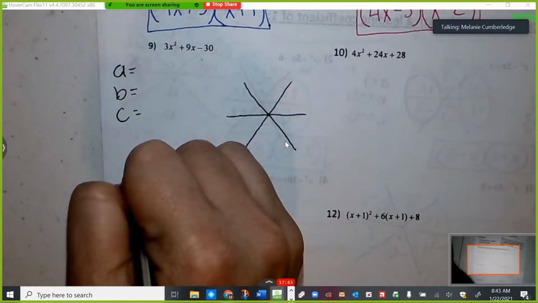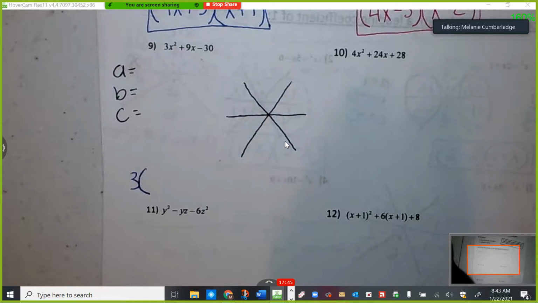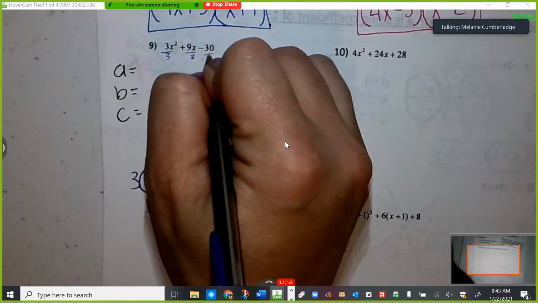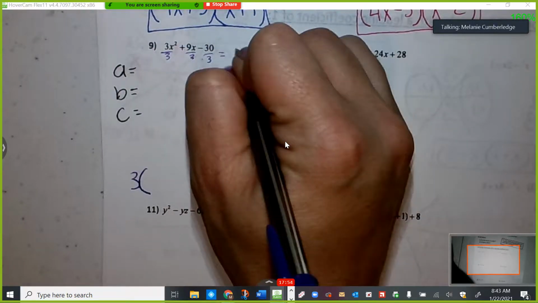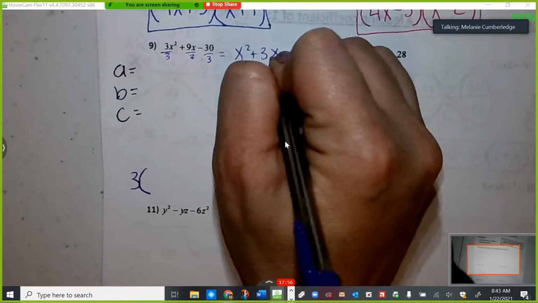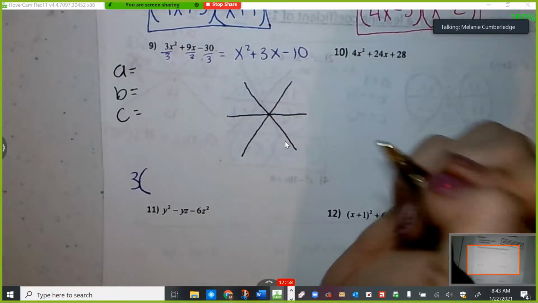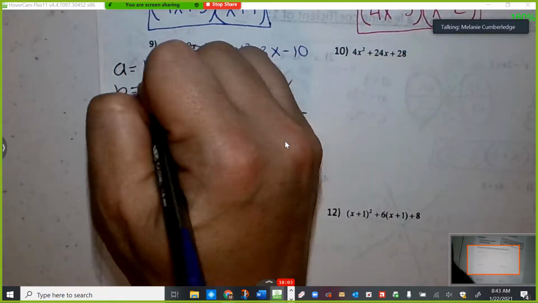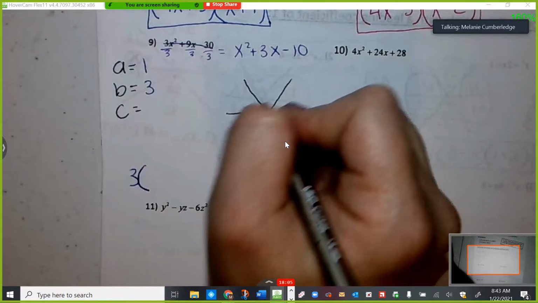So I'm going to go ahead and put the 3 down here in front of parentheses so I don't forget that it is a part of my solution. But I'm going to divide that 3 out, and I end up getting x squared plus 3x minus 10. And that's what I'm going to use to find my a, b, and c in factor. So a is 1, b is 3, c is negative 10.